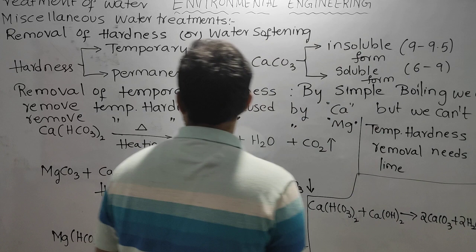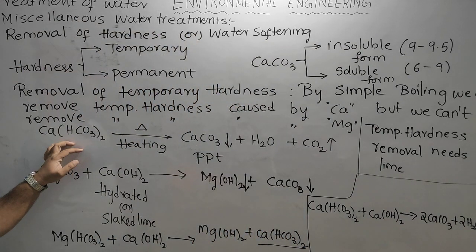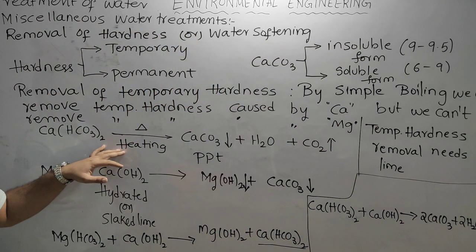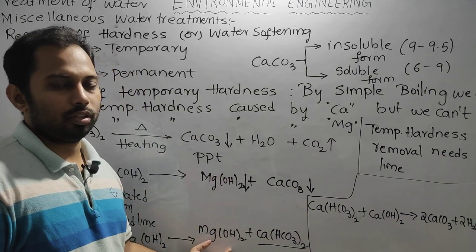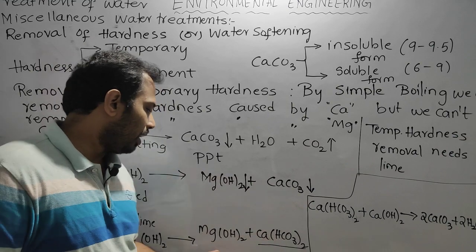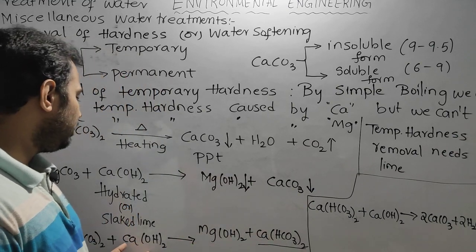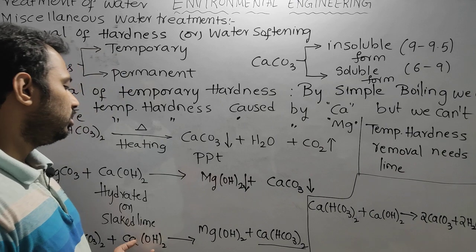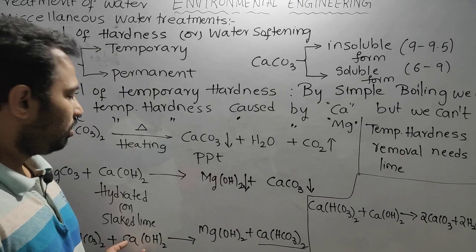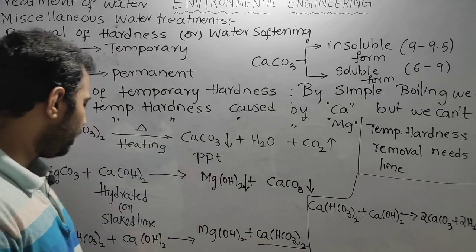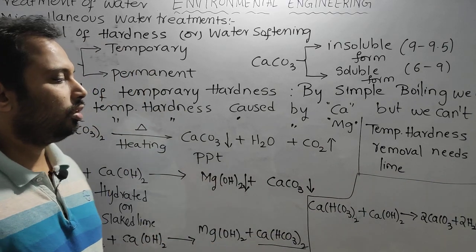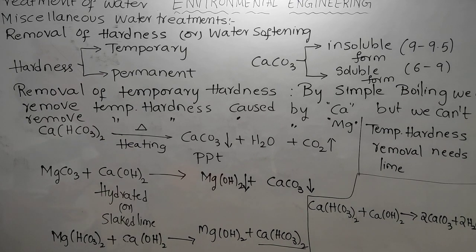If it were directly Ca(HCO3)2, we could remove it by heating. But here Ca(HCO3)2 forms along with magnesium hydroxide, and with the excess lime present in the water these two react again and form 2CaCO3 and 2H2O.